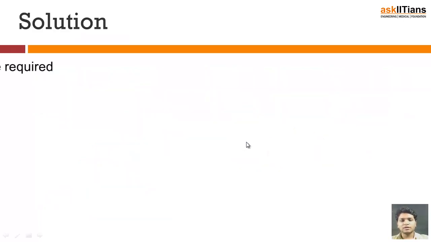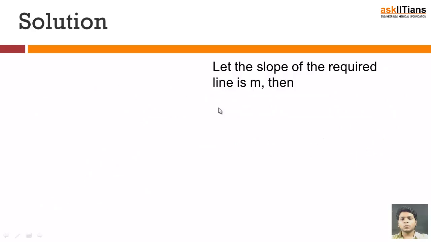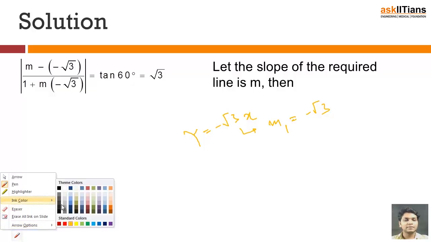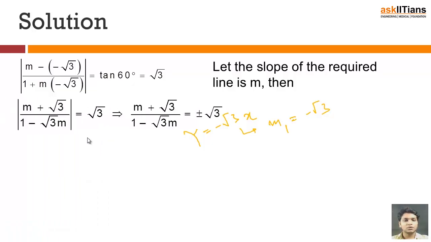First of all, we will consider that the slope of the required line is m, and then use the formula just discussed. Mind you, in that we will take y as minus root 3 x, and the slope of the known line will be minus root 3. This is how we have inserted the value of minus root 3 into the equation. We'll open this up with two values, plus and minus, and let us see what we get after that.